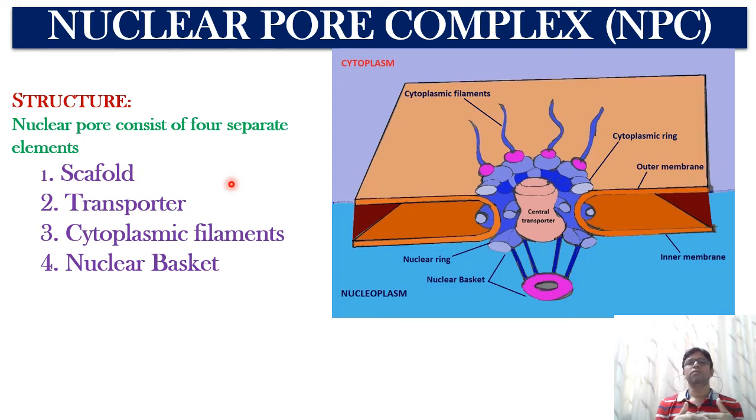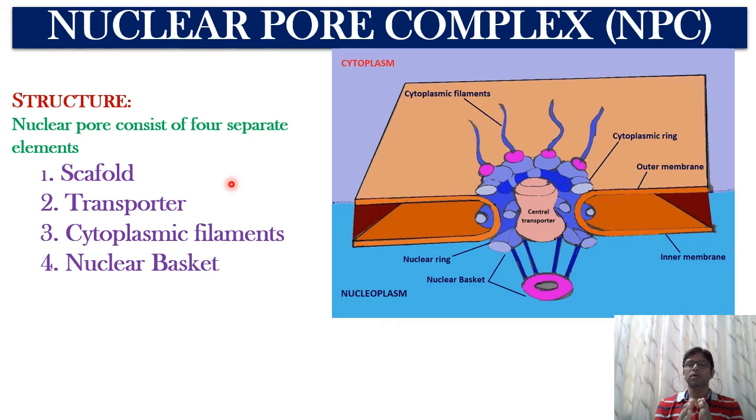These two irises of the transporter are arranged one above the other and move sequentially like this, to let a nuclear protein or RNA pass through from the nucleus to the cytoplasm.